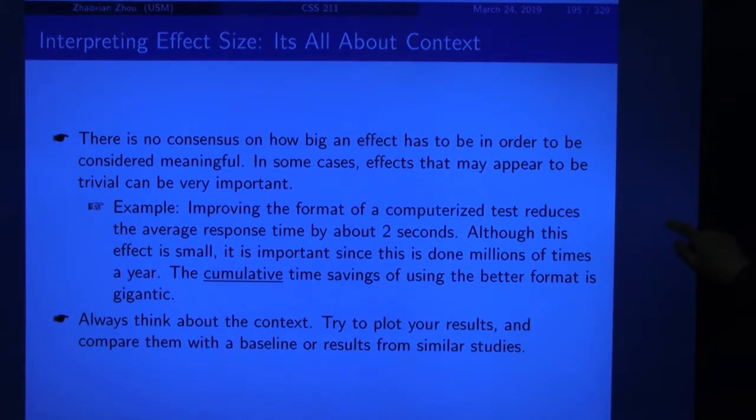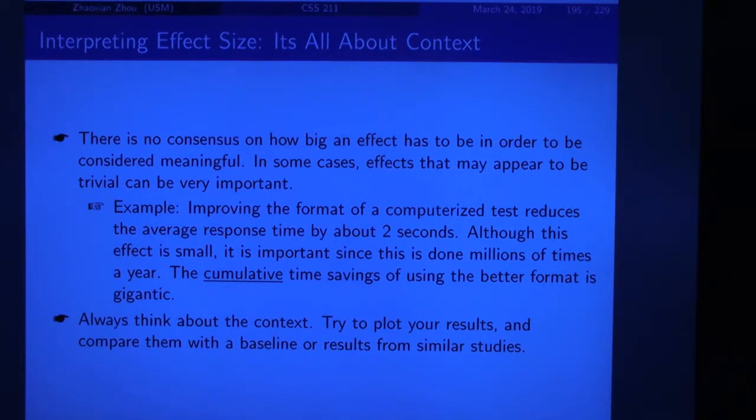Okay, the next is interpreting effect size. It is all about context. There's no consensus on how big an effect has to be in order to be considered meaningful. In some cases, an effect that may appear to be trivial can be very important.